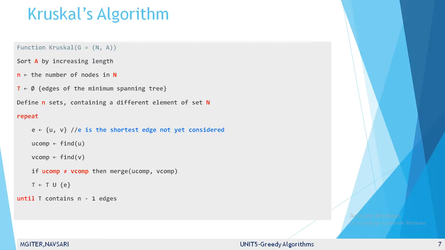Now we repeat this procedure until it contains n minus 1 edges. So a spanning tree contains n minus 1 edges and all the vertices.